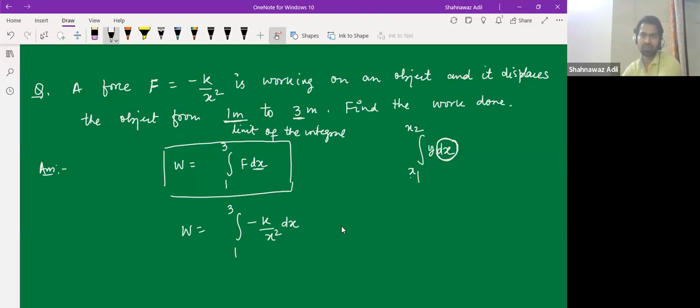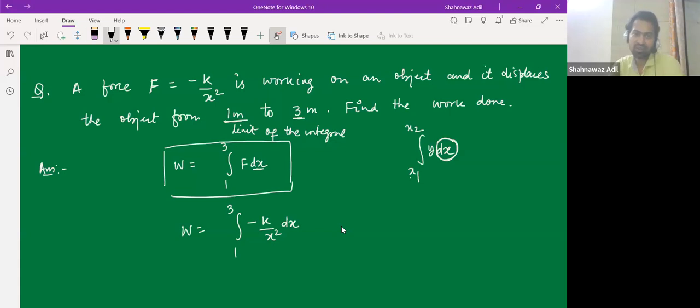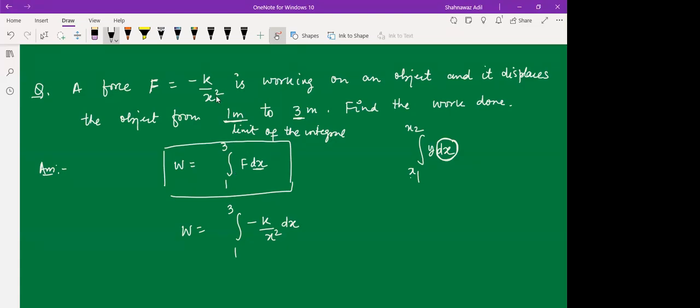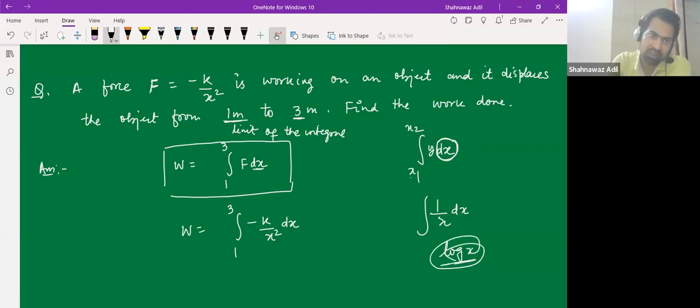Why did we do x squared? Because the question was x, I changed the equation because I was getting this 1 by x integral, and I know that this is log x. That is why I changed the equation.